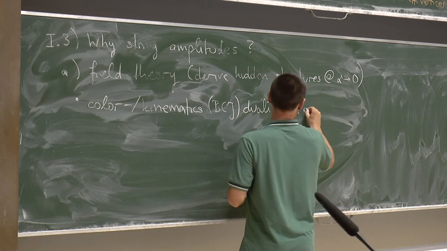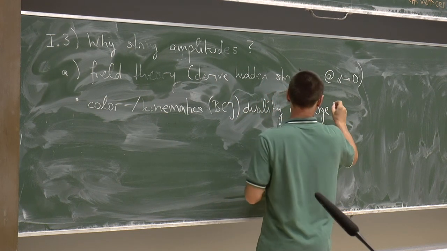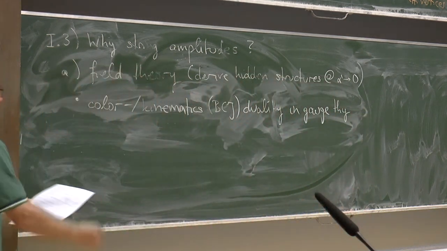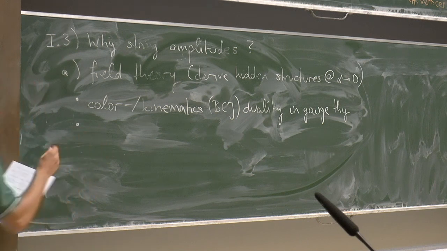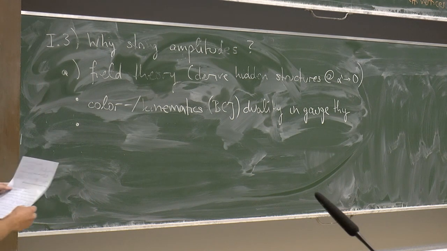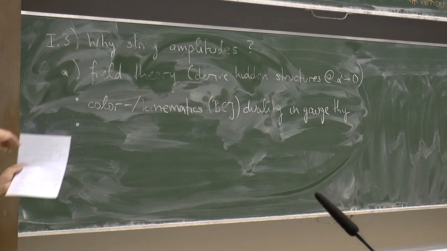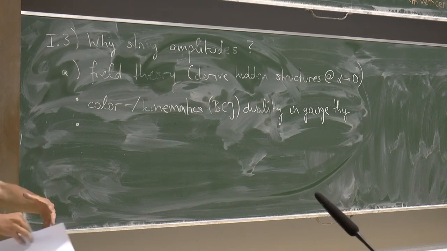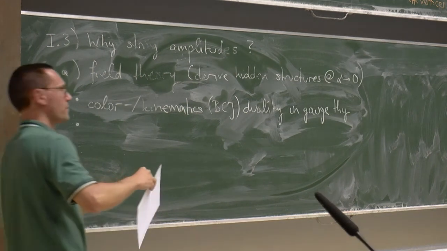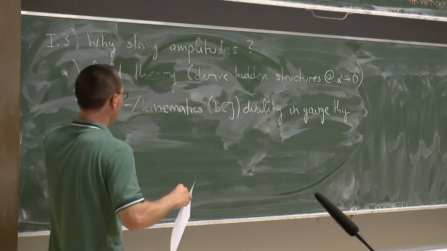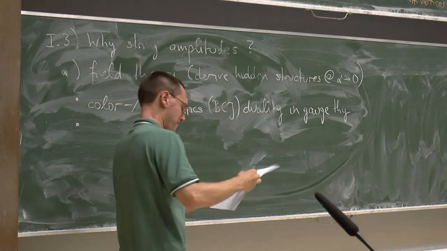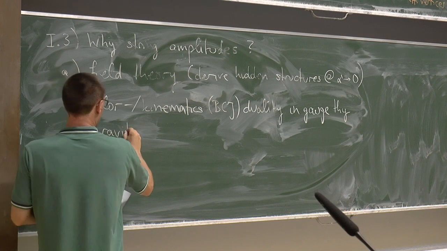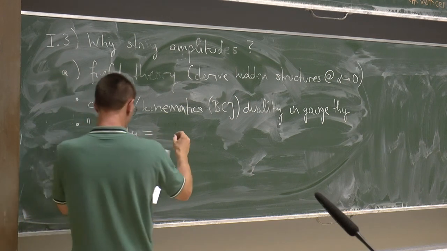And this is a property or a symmetry of gauge theory amplitudes that is quite manifest in string amplitudes when presenting them in the right way. But the main motivation to talk about this color kinematics duality in gauge theory is that it allows you to stick together two kinematic sides of the gauge theory. So this is what I referred to before as the double copy property of gravity.